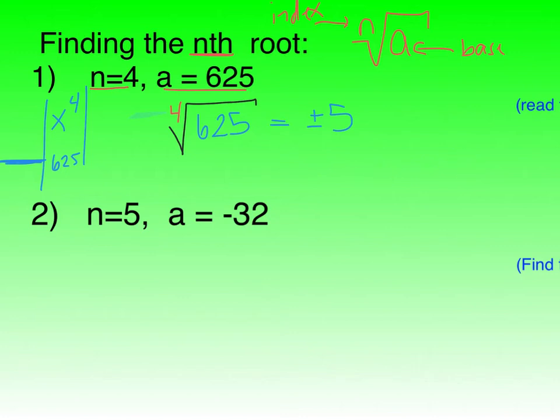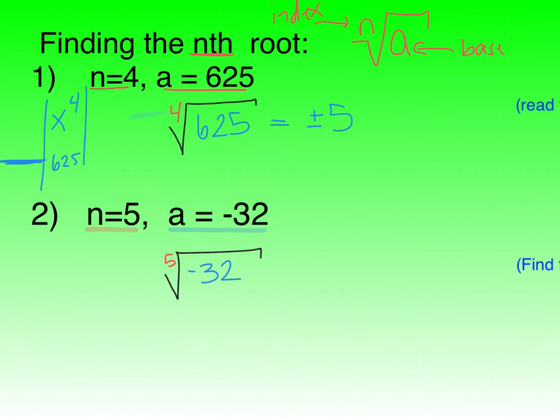Okay? Now the next question is where your index is 5 and your base is negative 32. All right, so I'm looking at the root, but my index is 5, so that's called the fifth root of negative 32. So can I take the fifth root of a negative number?